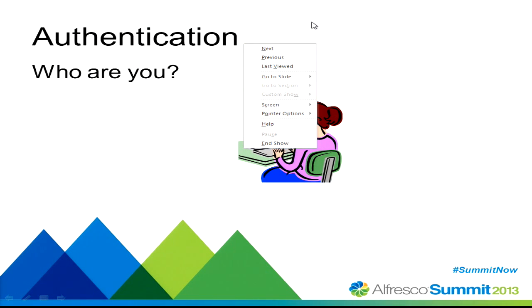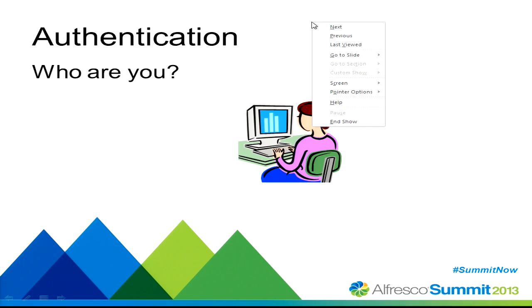So anyway, let's start. Authentication is answering the question, who are you? It may seem a bit obvious, and in an ideal world, with a computer system, you just ask, who are you? You'd say, I'm Fred, and that would be fine.